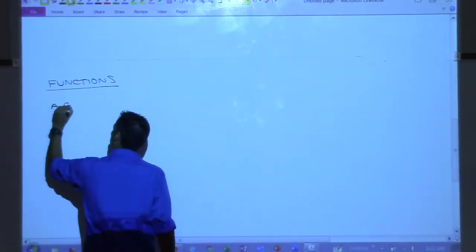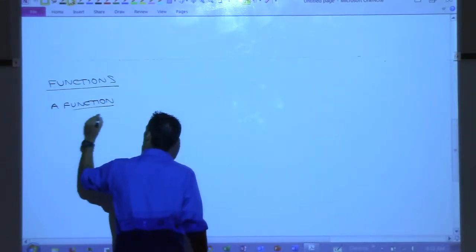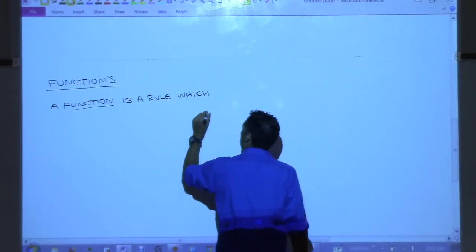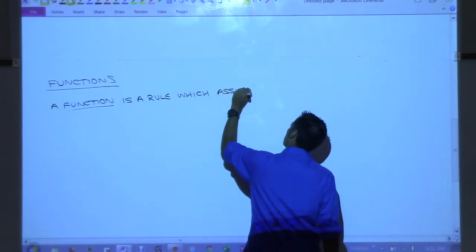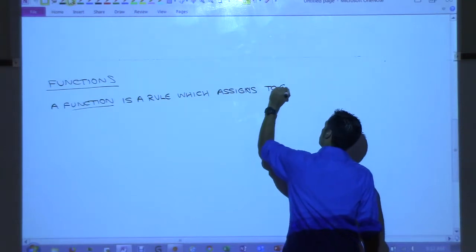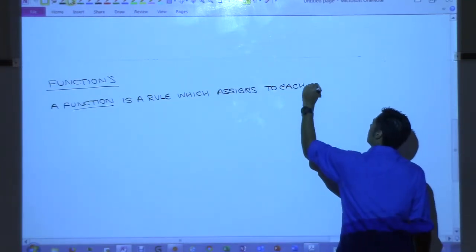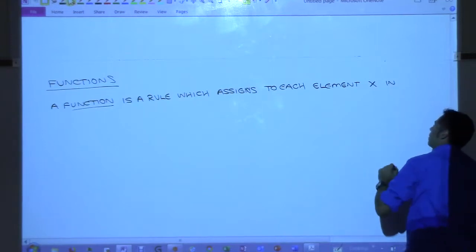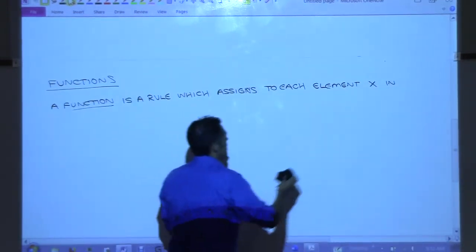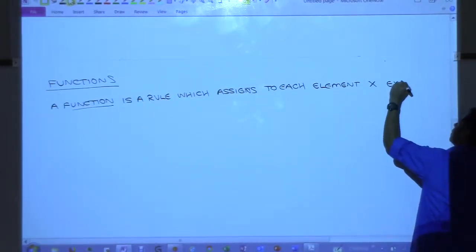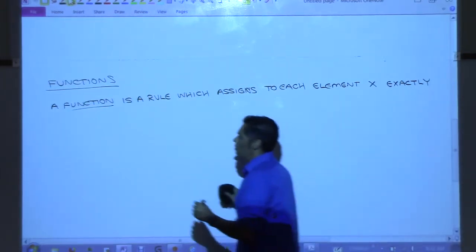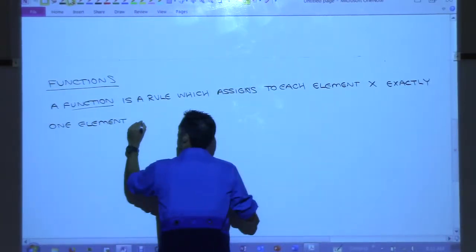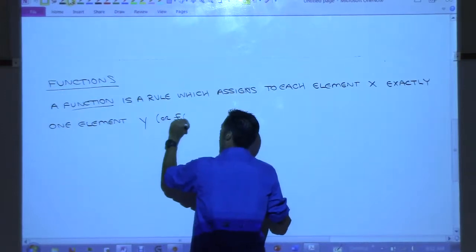A function is a rule which assigns to each element x exactly one element y, or we will also call this f of x.